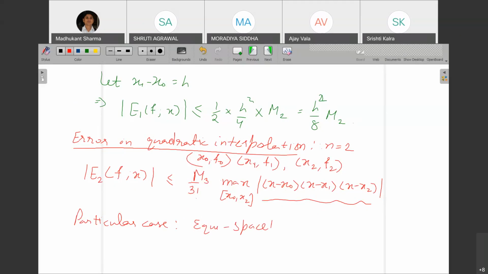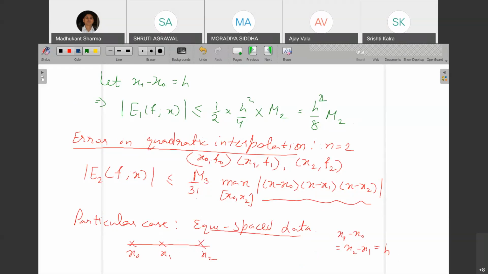Equispaced data means x0, x1 and x2 are equally spaced, meaning the length x1 minus x0 is the same as x2 minus x1. They are equally spaced, and that spacing is equal to h.